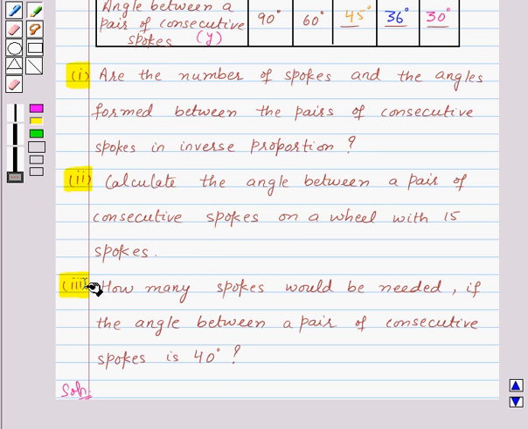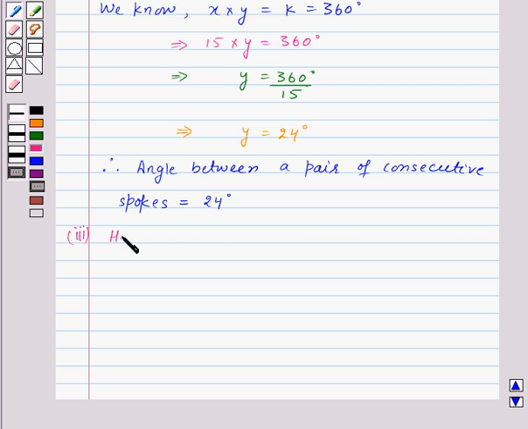Now, the third part is, how many spokes would be needed if the angle between a pair of consecutive spokes is 40 degrees? That means here we are given the angle, that is y equal to 40 degrees, and we need to find the number of spokes, that is x. Here we need to find the value of x and the value of y is given to us, that is 40 degrees.